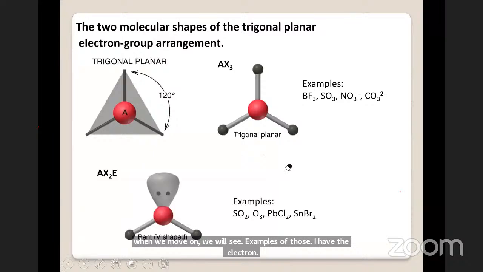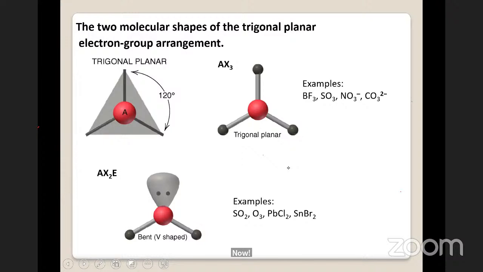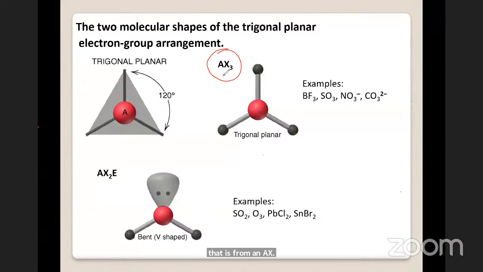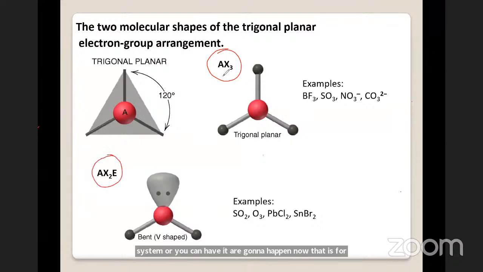Now, if we come to trigonal planar, there are 2 examples. You can have a trigonal planar that is from an AX3 system, or you can have a trigonal planar that is from an AX2E system.